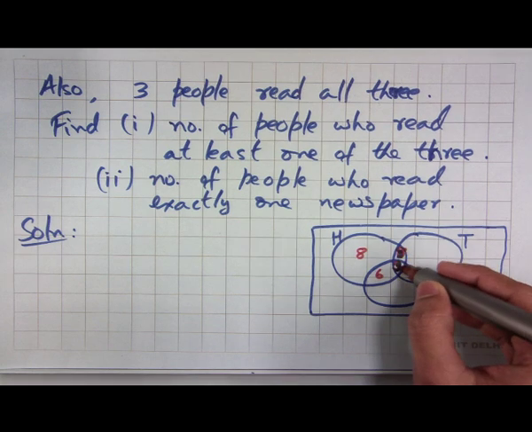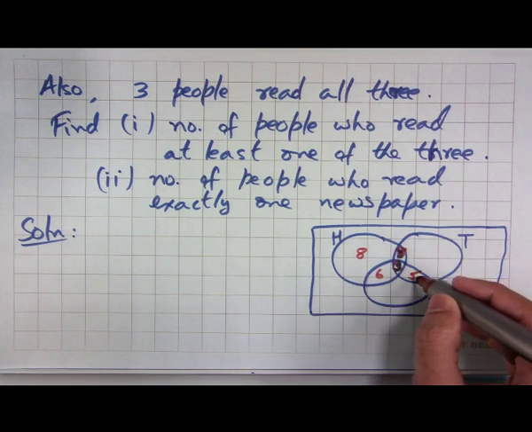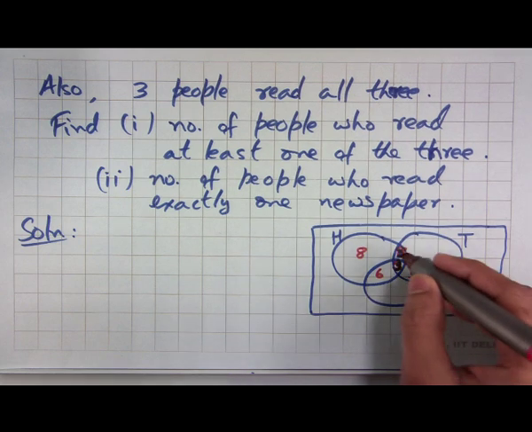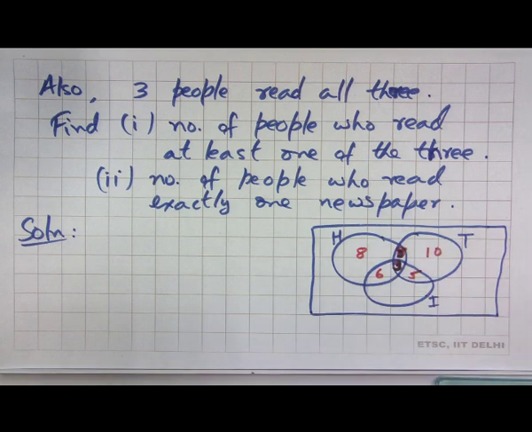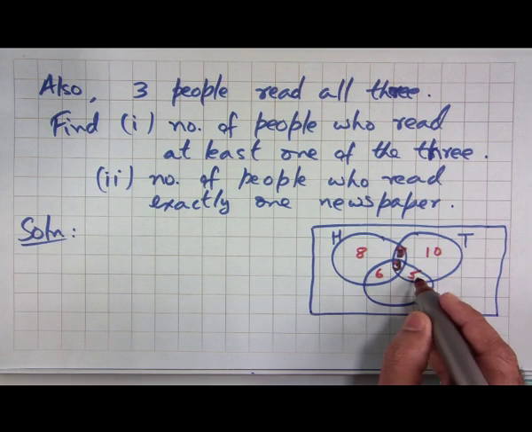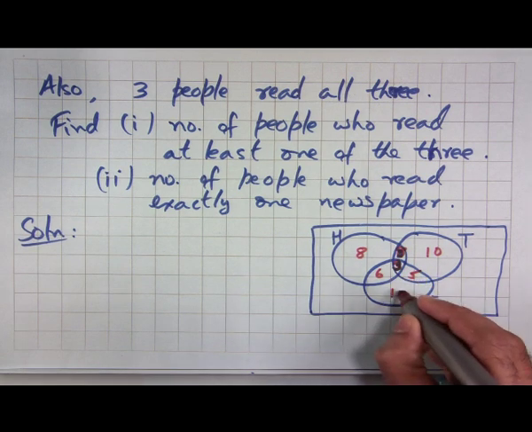So, we have 8 plus 3 is 11, plus 5 is 16. So, 10 are here. And then only I is 26. So, 6 plus 3 is 9, plus 5 is 14. So, 12 are here.